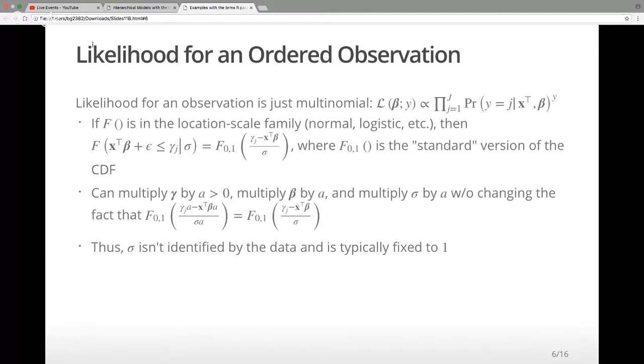It's just the probability multiplied over all j categories that you fall in the jth category raised to a power. This should be indicator function for y equal j. So when you actually are falling in the jth category, we're raising this to the power of 1. If you don't fall in the jth category, we're raising it to the power of 0. So that's just 1.